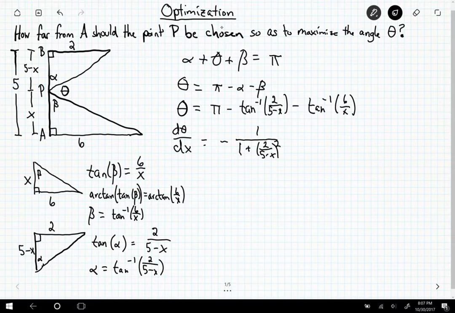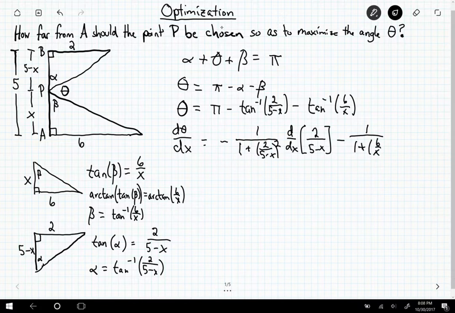Now, I'll just write it out for right now as the derivative of 2 over 5 minus x, because we need to use that chain rule. We'll work with that in just a minute, but that won't be too bad. And then our next term, so minus arctangent again, so we're taking the same derivative rule, 1 over 1 plus whatever's inside the arctangent, squared.